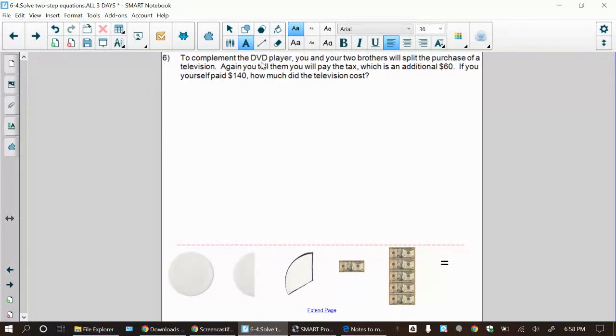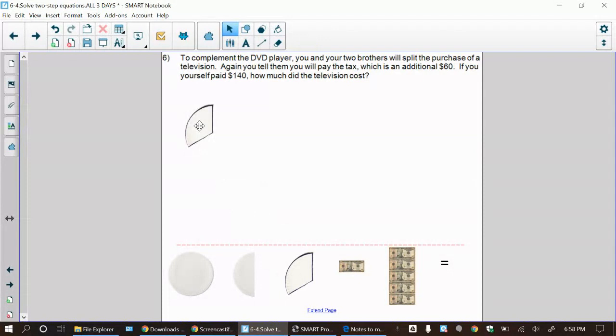To complement the DVD player, you and your two brothers, so that's you and two other people. So that means we have a third. Oops, there we go. A third that split the purchase of a television. Again, you tell them you will pay the tax, which is an additional $60.